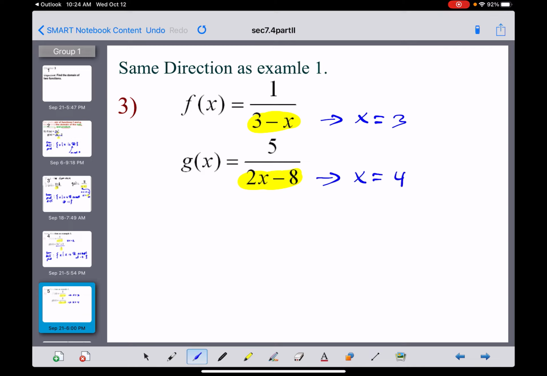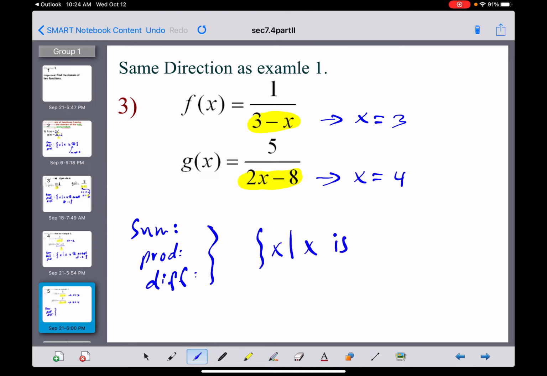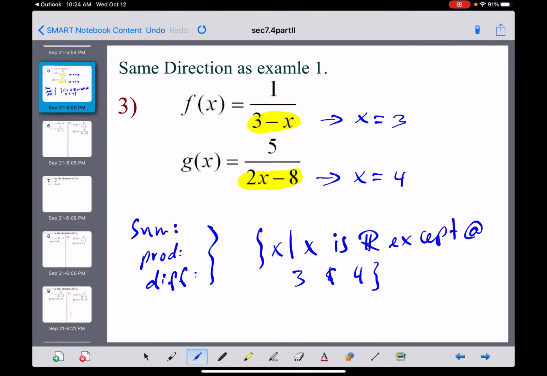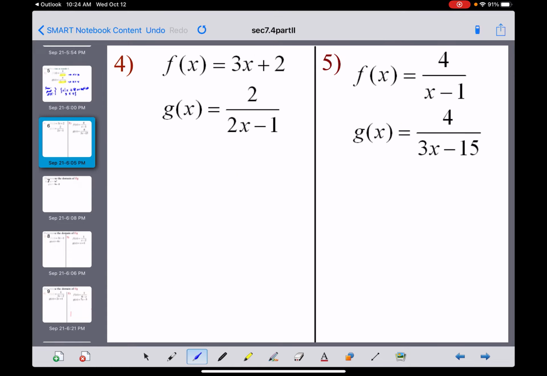So for the sum, product, and difference, x is going to be all real numbers except at 3 and 4, because at those two numbers, the function is undefined. So that's why we cannot have 3 and 4 in our domain. Okay, let's move on to number 4.